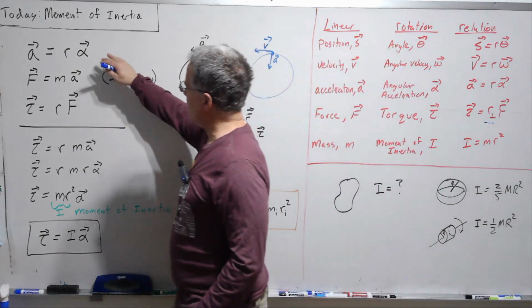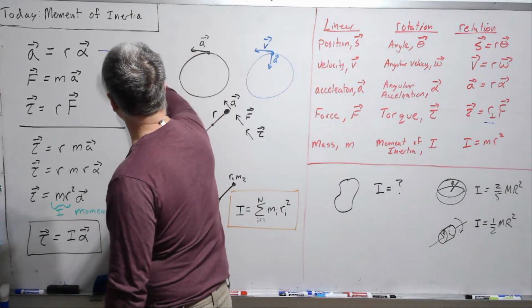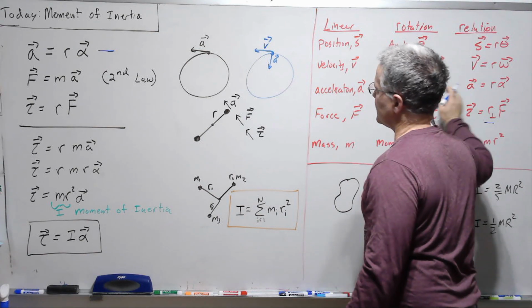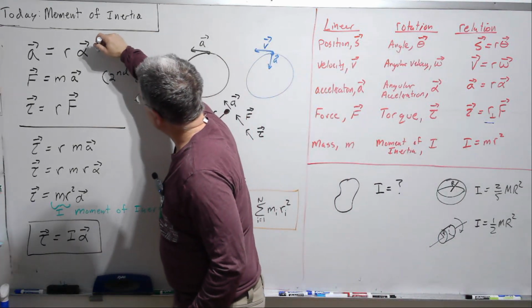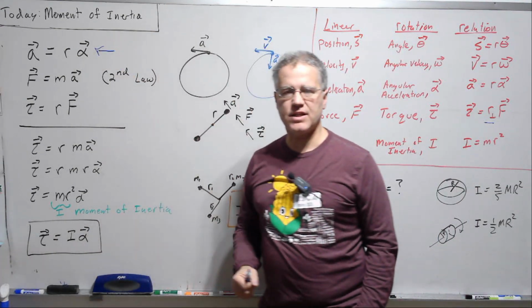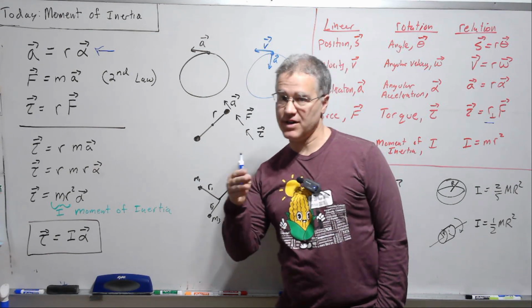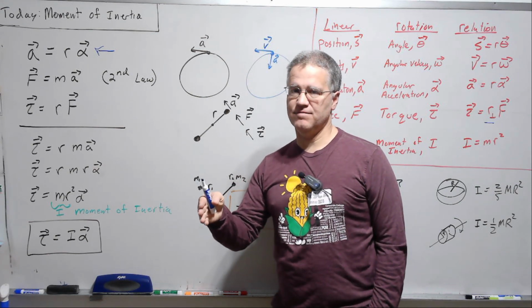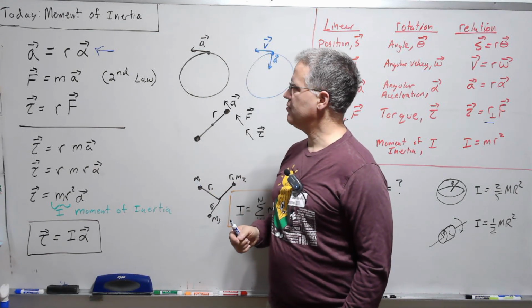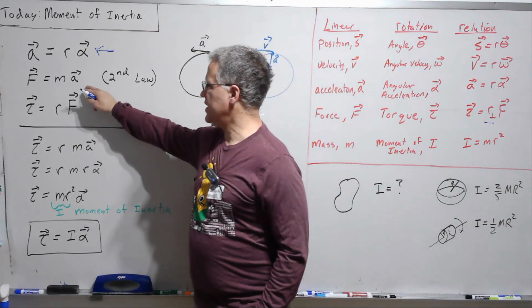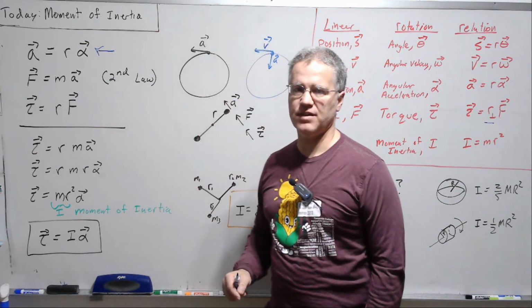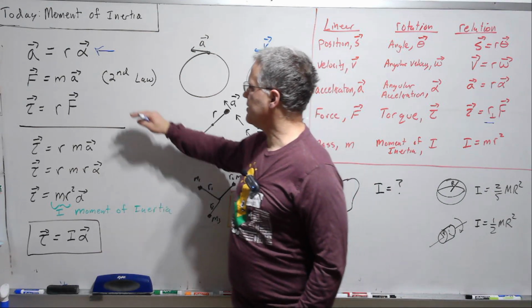So let's take our relationship right from the board here. We'll look at acceleration. The reason we're looking at acceleration is because we want to get to this idea of mass and its relationship to moment of inertia. We know acceleration is related to force via the mass from Newton's second law.